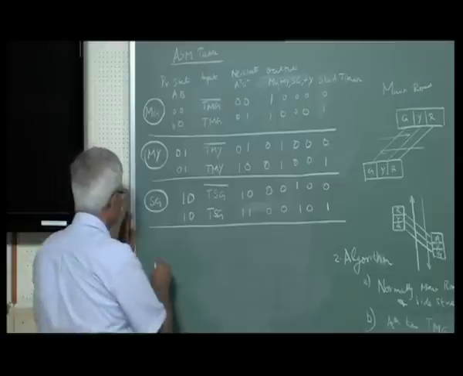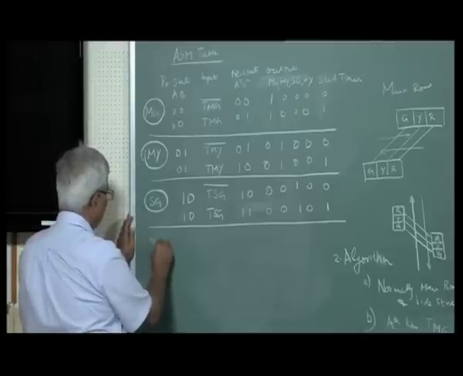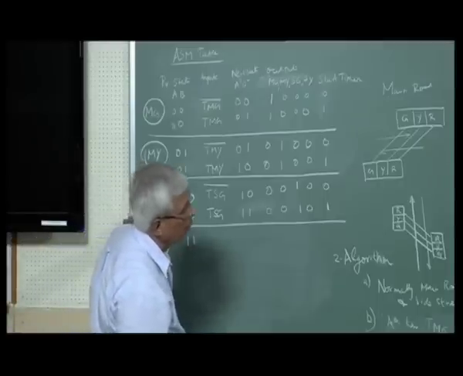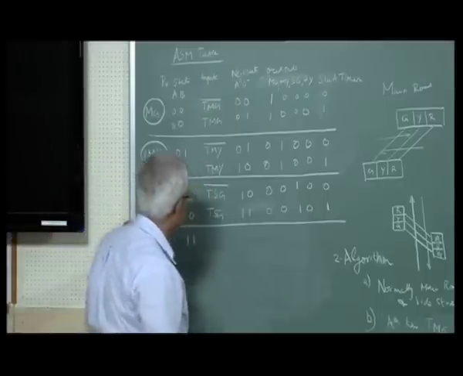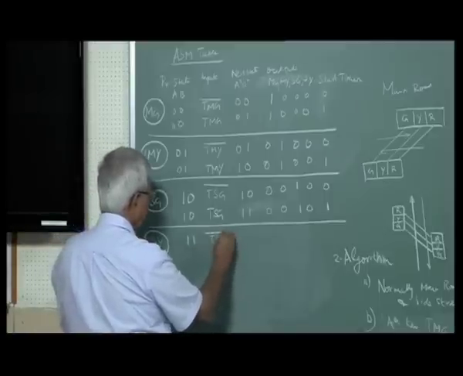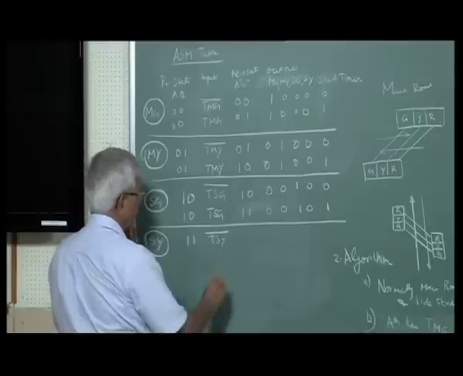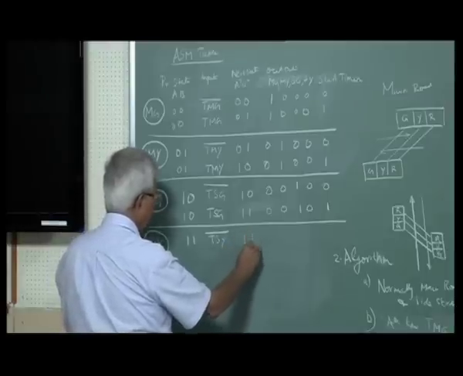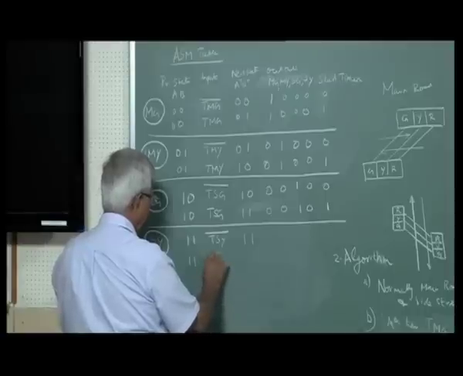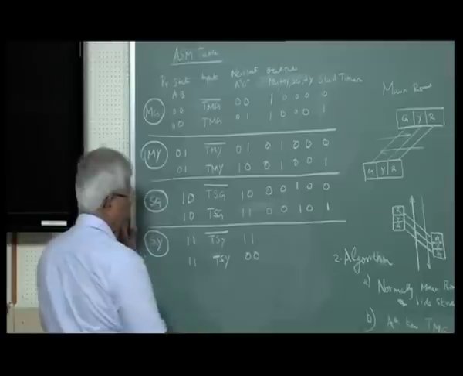Finally, yes, yellow, side yellow, 1 1 state. You monitor TSY. If it is not 1, it is 0, remains in 1 1. If it is 1, it goes to 0 0. We go to 0 0.